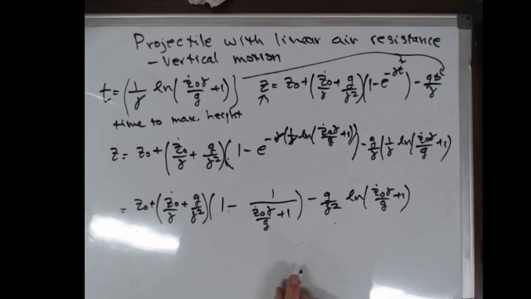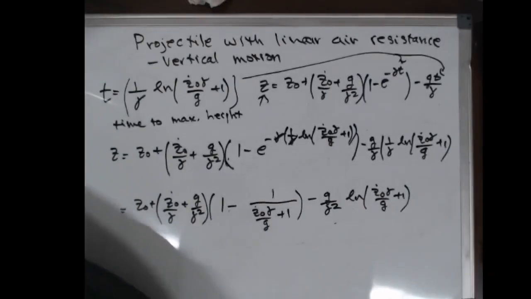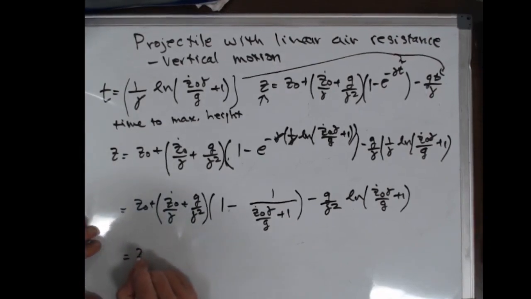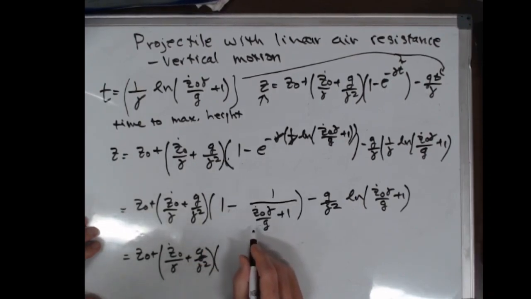It's not super complicated. I don't know if we can do any further simplification on this. This doesn't simplify too much, just a little bit, plus I could probably do a little more if I worked on this a little bit, over gamma plus g over gamma squared times, and so this becomes, I'm going to cross multiply and use a common denominator.